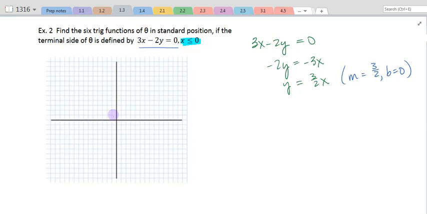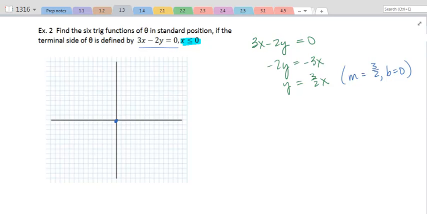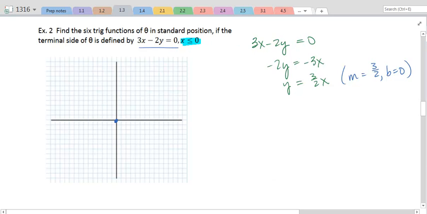If I begin here and I talk about a line that has a positive slope, starting here at the origin, I would count up 1, 2, 3, and to the right 2, 1, 2, 3, and to the right 2. In other words, I have a line that looks something like this.